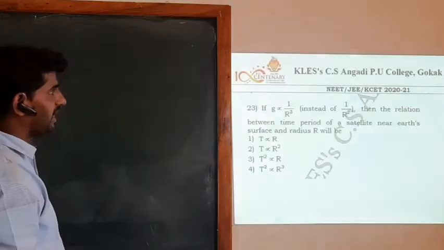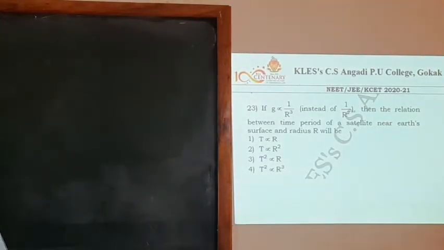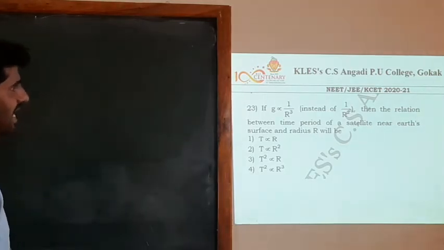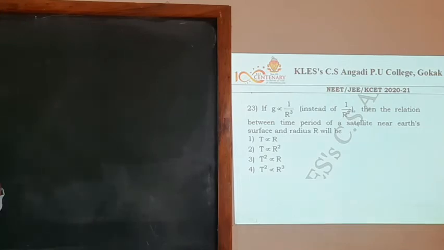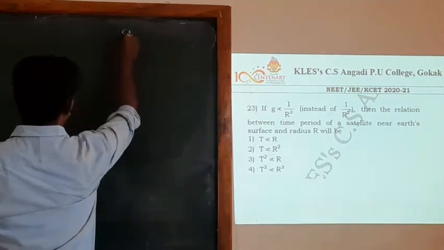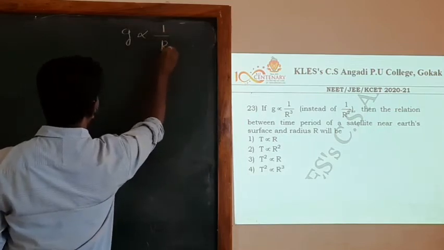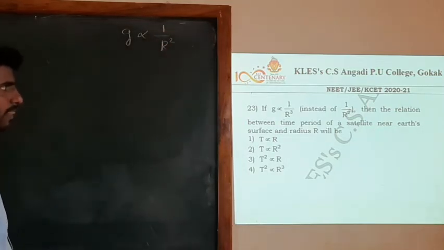Next, question number 23. If g is proportional to r cube instead of r square, then the relation between the time period of a satellite near the Earth's surface and radius will be. See here, in fact, the acceleration due to gravity is inversely related to the radius.